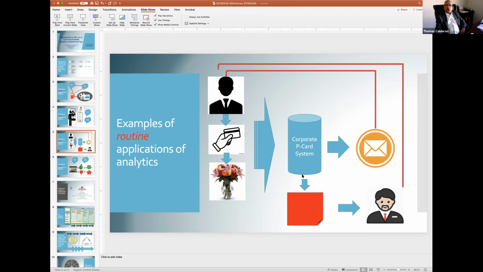Well, if you're not authorized to purchase flowers, which is usually the case, the system is going to send you an email to say, wait a second, you purchased an unauthorized product utilizing your credit card. You are hereby warned. If you continue to do it, then the system may send you a red flag and say, hey, you're forbidden from doing this.